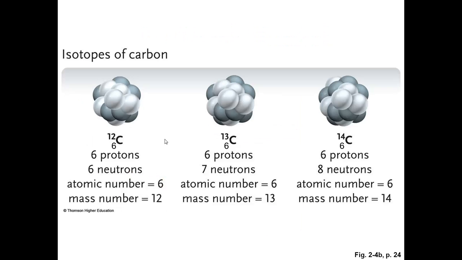And this is another example of several isotopes. These are all isotopes of carbon, and we know that because each one has an atomic number of 6, representing 6 protons. However, they have different numbers of neutrons. This one has 6 neutrons, the center one has 7 neutrons, and the one on the right has 8 neutrons, yielding an atomic mass, or a mass number, of 12, 13, and 14.